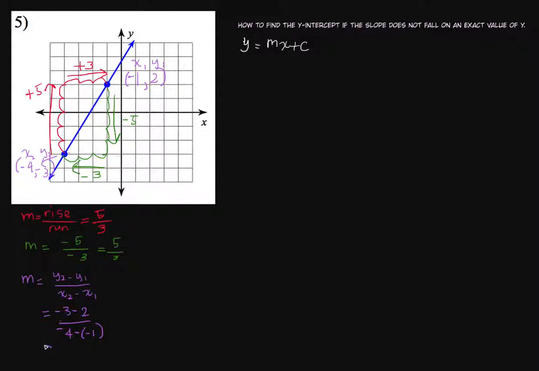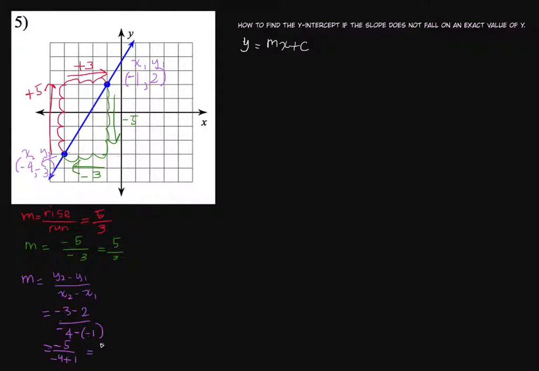So we end up with minus 3 minus 2 is minus 5, over negative 4. Negative times negative is positive, so that's negative 4 plus 1, which is negative 3.